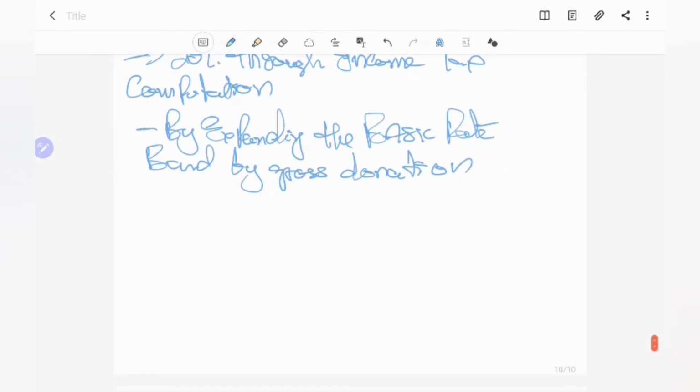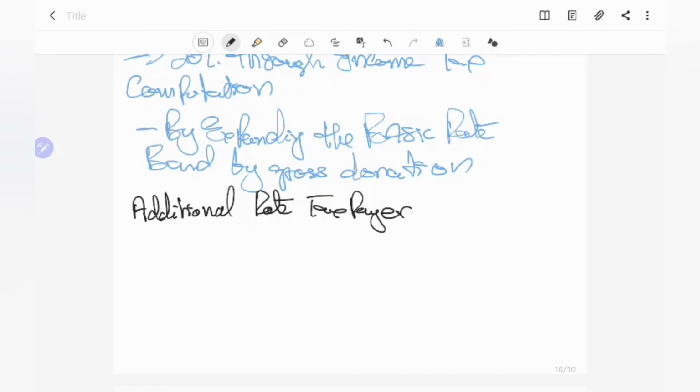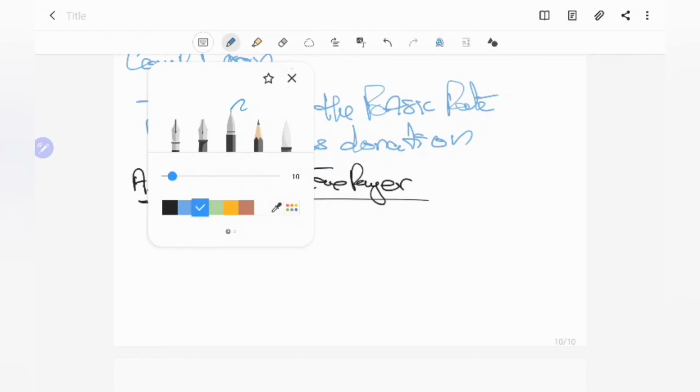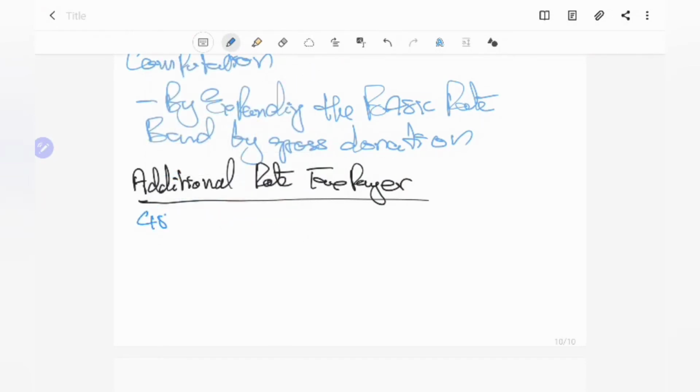Then we have the additional rate taxpayer. So for an additional rate taxpayer, 45% tax relief is given as follows.